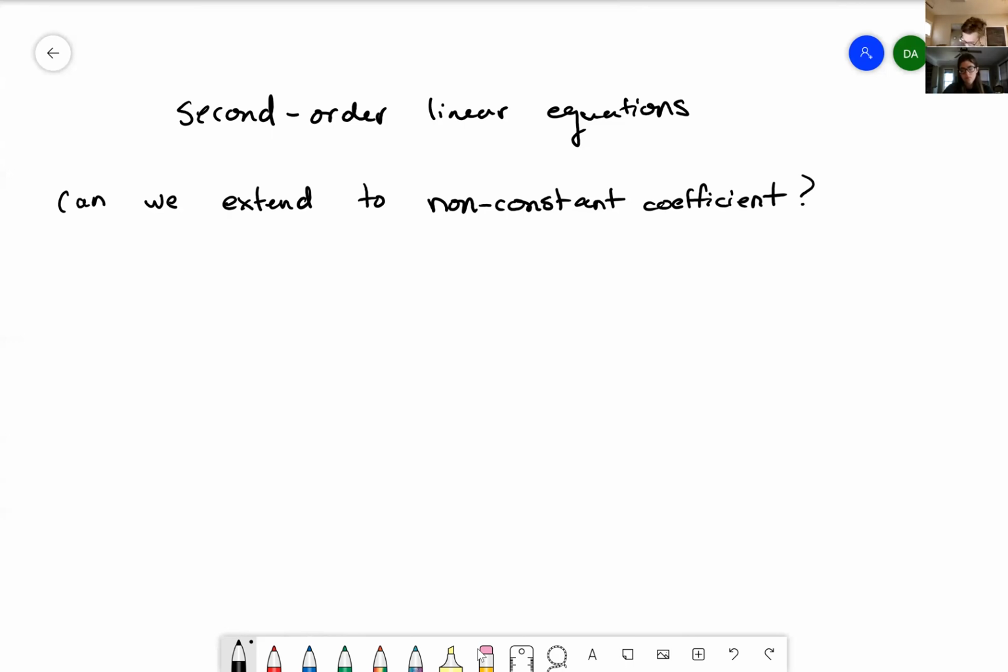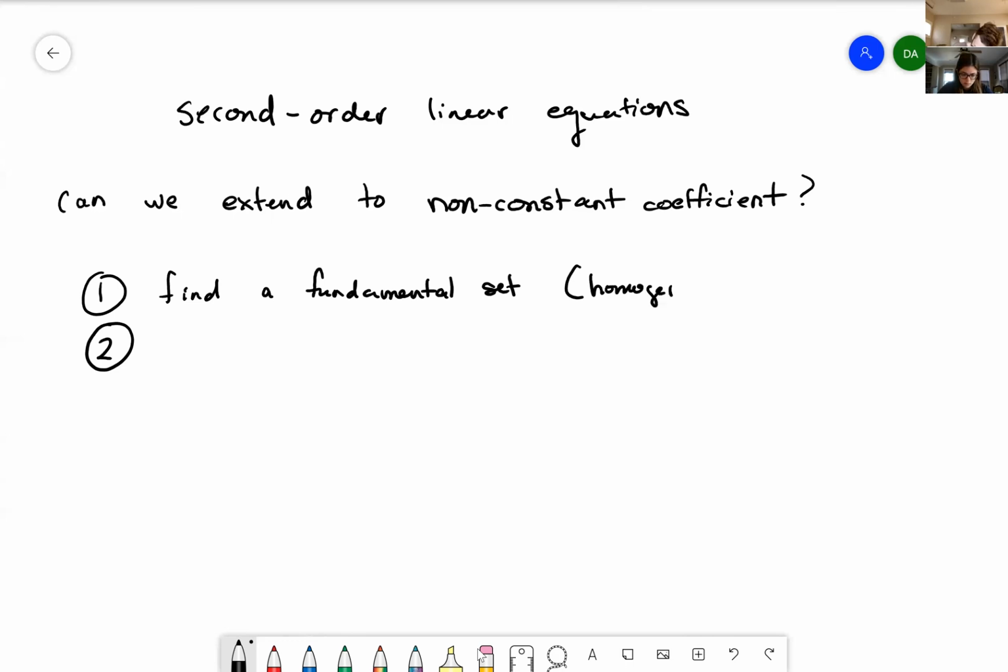In order to see where we might have problems, we'll look at what we've been doing before. Setting aside for a moment the Laplace transform method, we break these things down into 2 steps. One is find a fundamental set of solutions, so these are solutions to the homogeneous equation.